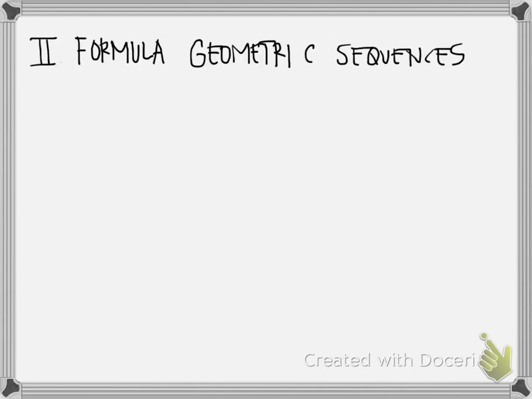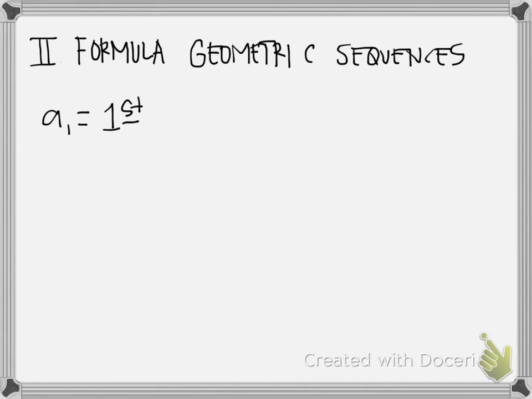Now we're going to find the formula for geometric sequences. The formula tells us that we have our very first term, our starting point, just like when we were doing our sequences, which feels like a few tests ago.